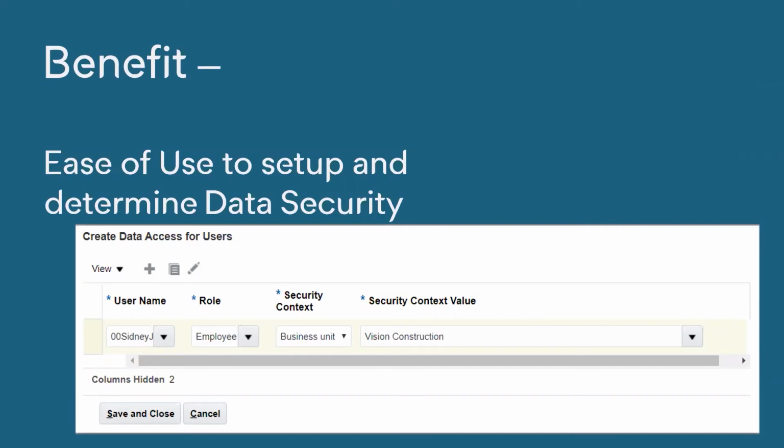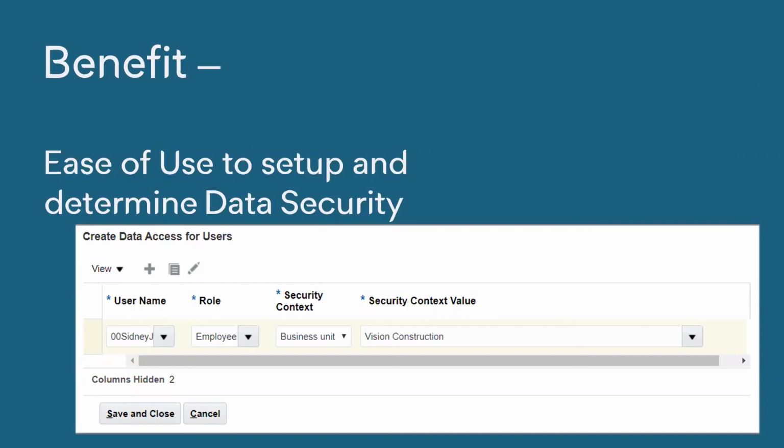From a management perspective, it's very simple. There are 4 fields here that you fill out, you save, and now that user is constrained to these contexts and values. There aren't any overlaps or hierarchy to worry about.